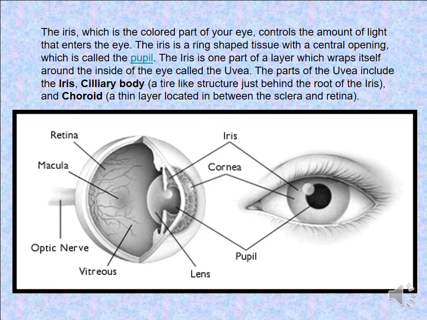The uvea includes the iris, the ciliary body, a tire-like structure just behind the root of the iris, and the choroid, a layer located between the sclera and the retina. The pupil is the black area through which light enters to the retina.